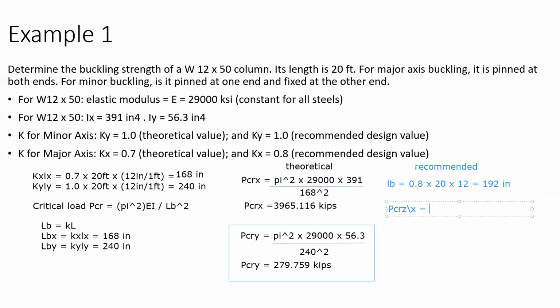That is now equal to pi squared times 29,000 times 391 over 192 squared. Bali po, 3,035.792 kips.